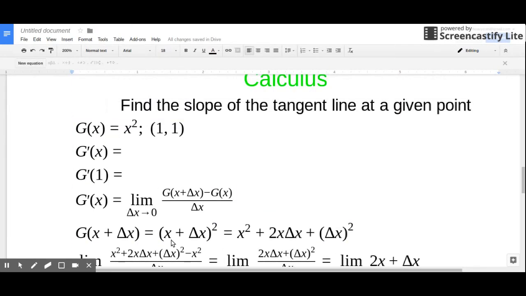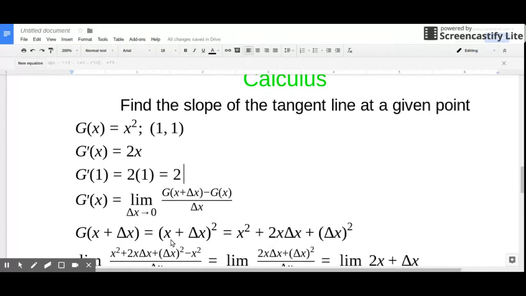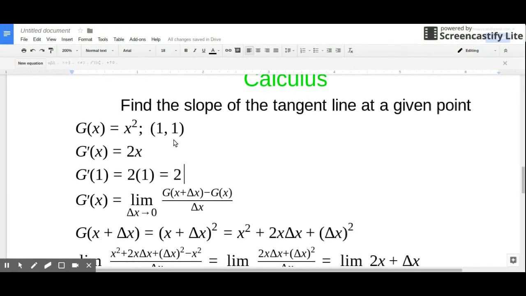So let's go back up here. We know that the derivative is 2x, and now we plug 1 into the function, and that is going to be equal to 2. So the slope of the tangent line at (1, 1) is 2.